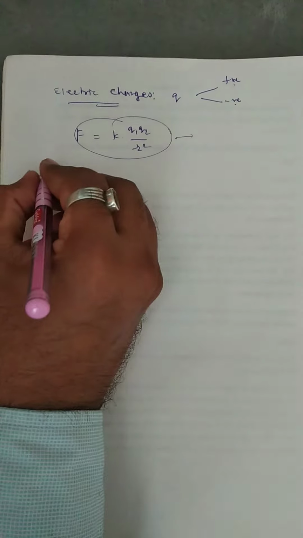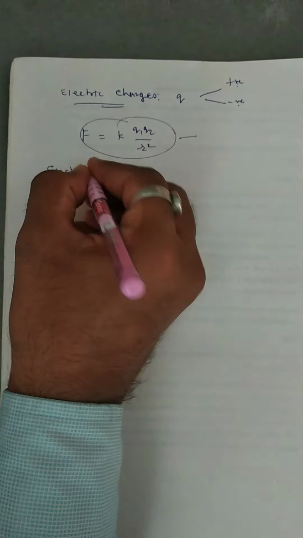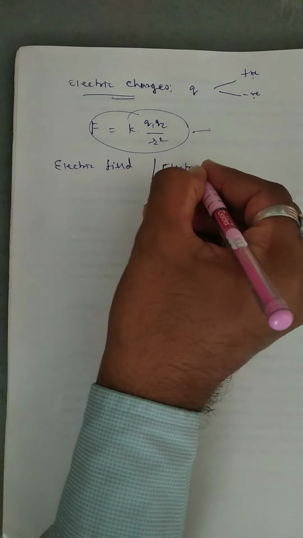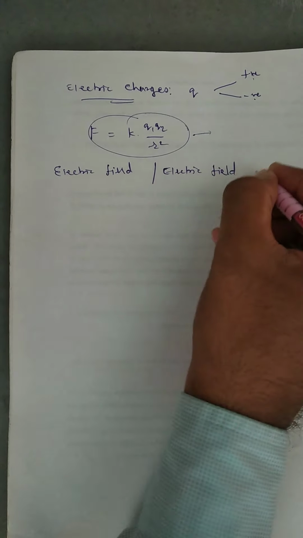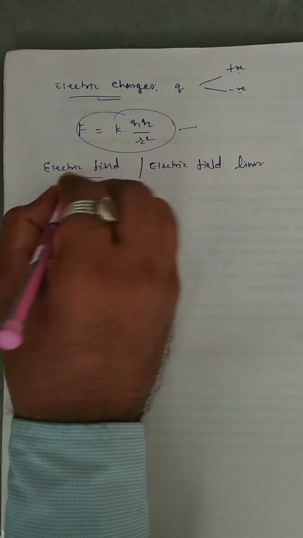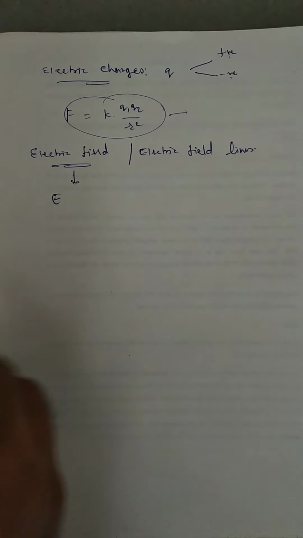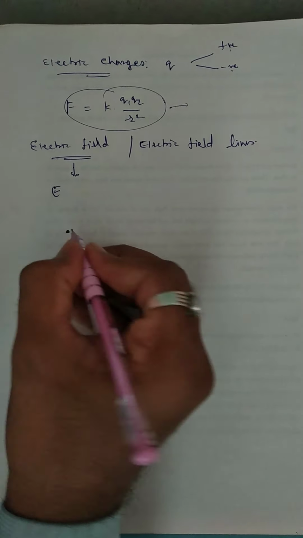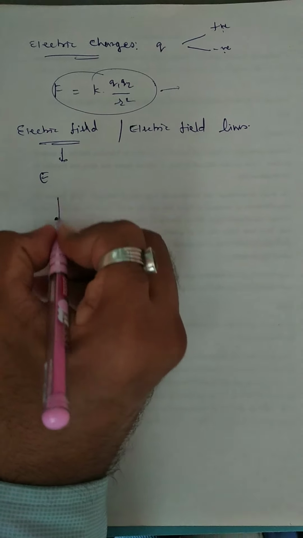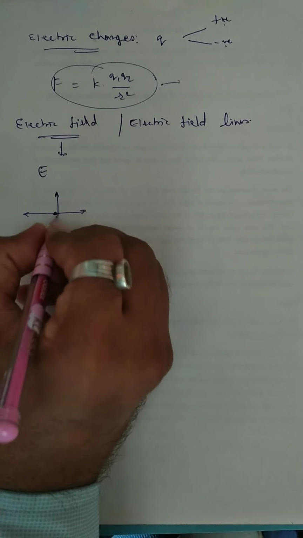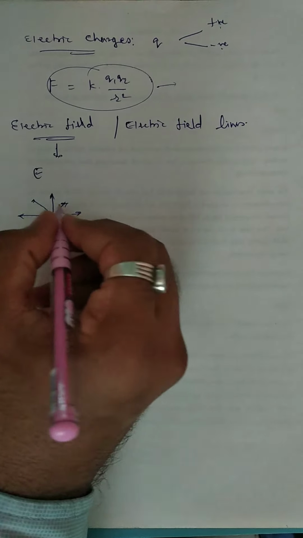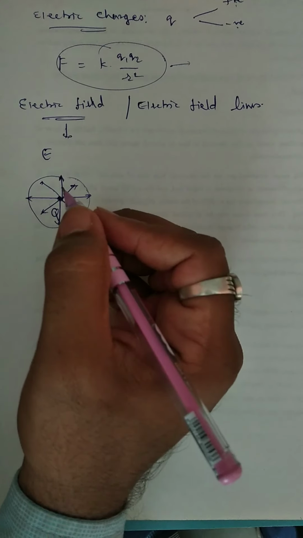Now today we will discuss the electric field and electric field lines. So let's start with the electric field. Electric field is denoted by the symbol E, and what is electric field? Suppose this is a charge Q. The region surrounding this charge in which the effect of the electric charge is observed is known as the electric field.